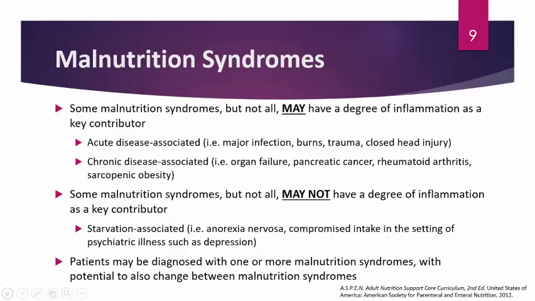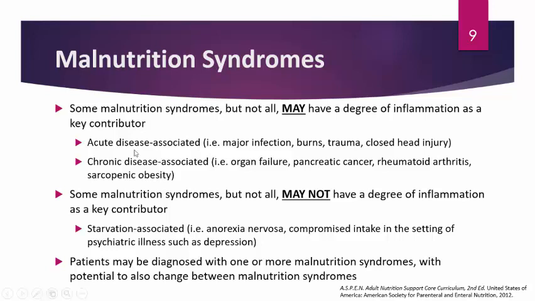But in this case, I would associate it more with starvation-associated, as the patient would most likely not be eating. This actually brings up an interesting point in that patients may have more than one malnutrition syndrome present at one time. They may have the potential to change between different malnutrition syndromes depending on the situation at hand.